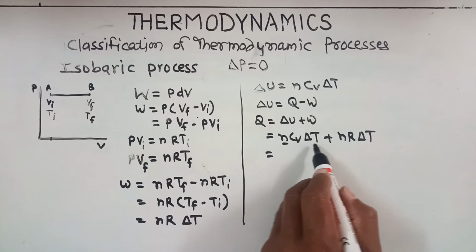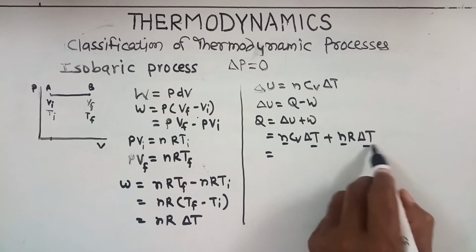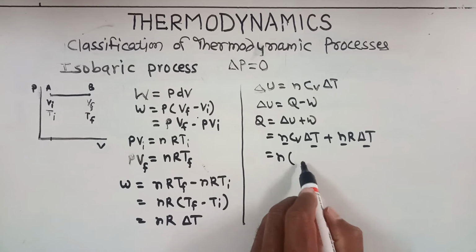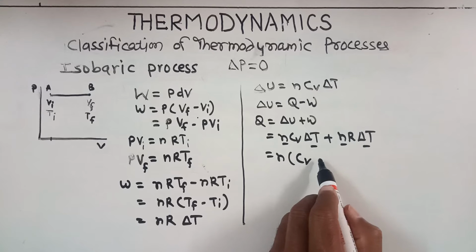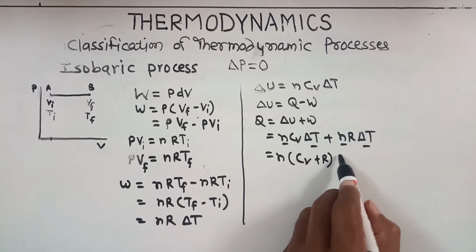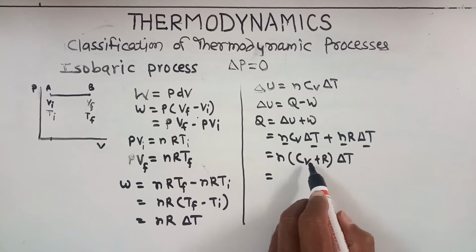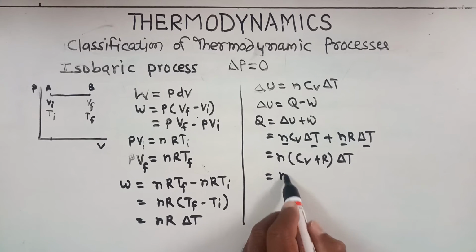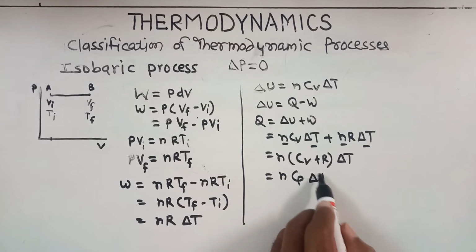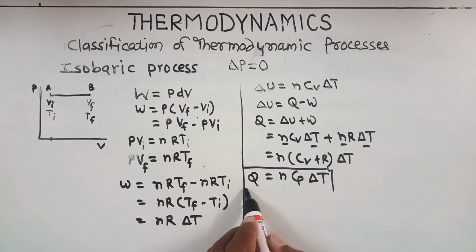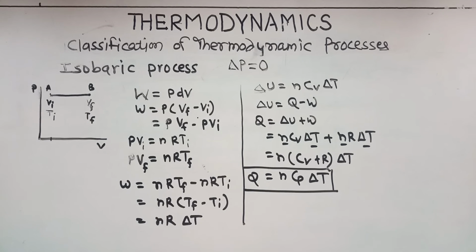Here n and dT are common. So what remains in the bracket? Cv plus R. We know Cv plus R is Cp, so we get the heat supplied Q is equal to n Cp dT. So this is the equation for the isobaric process.